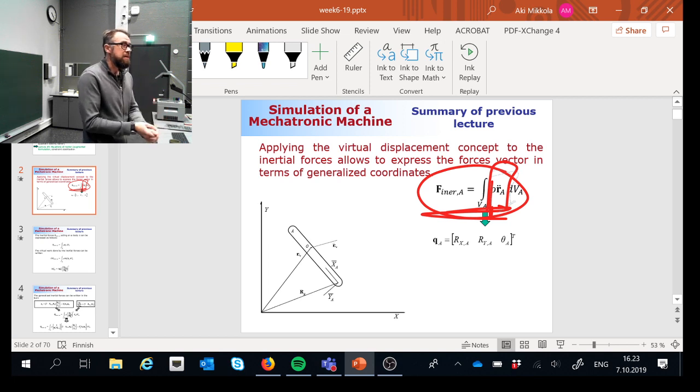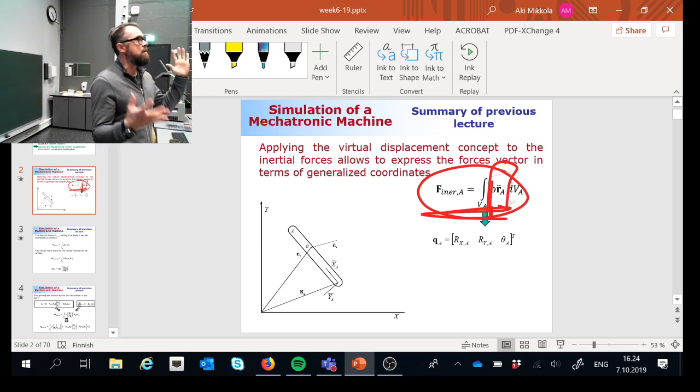That mapping can be carried out, again, with the help of the concept of virtual work. The fundamental component I need there is virtual displacement. It may sound like, seriously, do we need it? Yes, we do, because we have to find the relation between these two sets of coordinates, global and generalized.